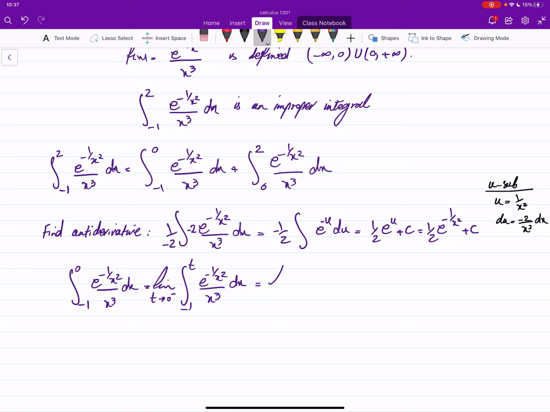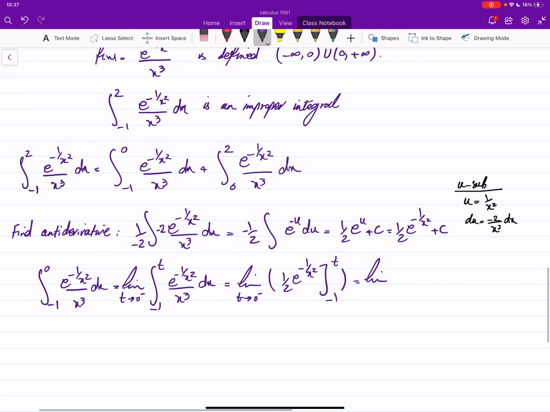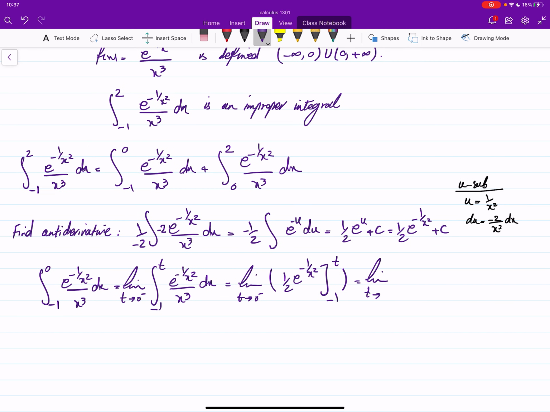So this is the limit as t goes to 0 from the left of half of e to the power negative 1 over x squared, from negative 1 to t. This will just give me the limit as t goes to 0 minus of half of e to the power negative 1 over t squared minus half of e to the power negative 1.